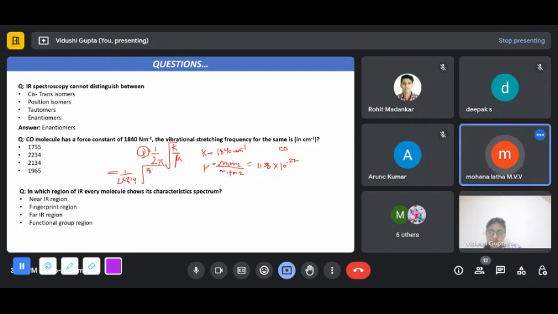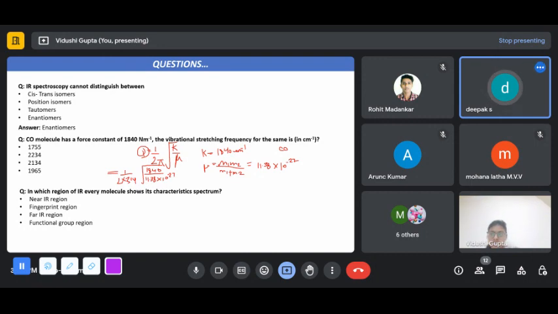2.01 into 10 power 5. Okay. Then the answer is 2023.